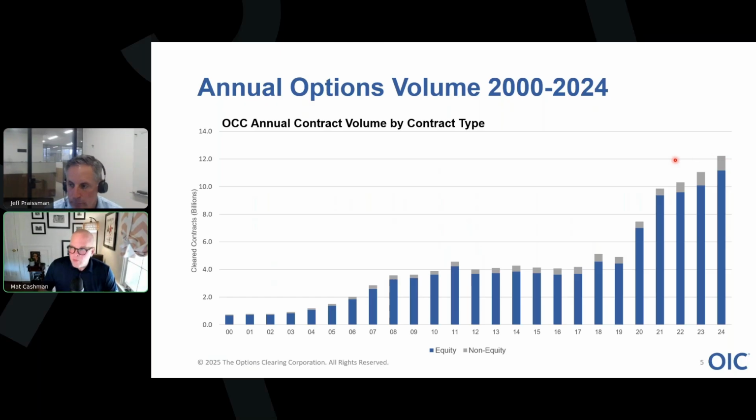This year, we are already over 10 billion, and we are averaging north of 55 million contracts a day, which should probably put us close to 14 or 15 billion contracts. It makes what we do as far as education is concerned that much more vital, to make sure that people understand how options work, because there's a lot of them being traded.